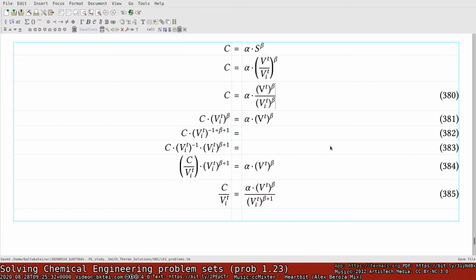Alpha is just a number, so as size increases, the cost per unit volume decreases. I thought I've shown that, or I've shown the cost per unit volume. Is that even right?